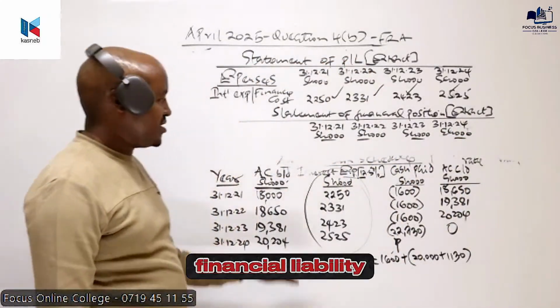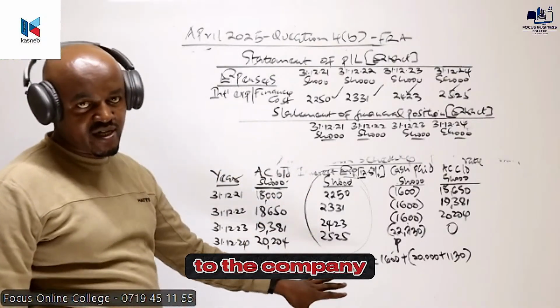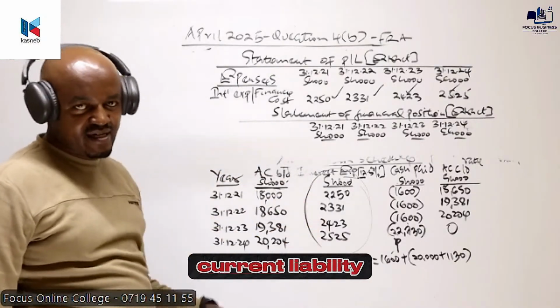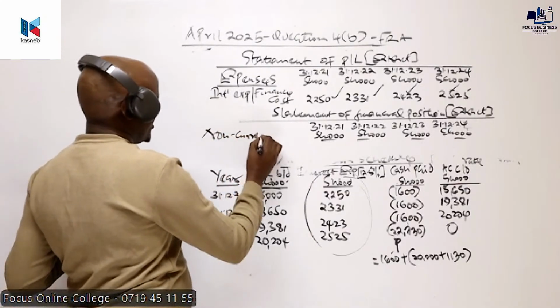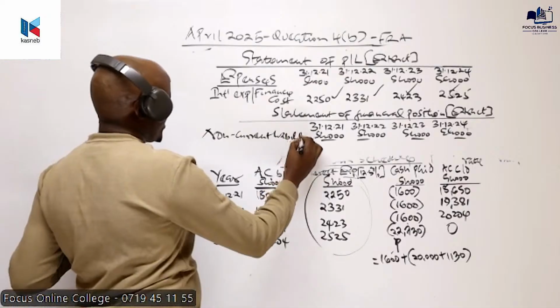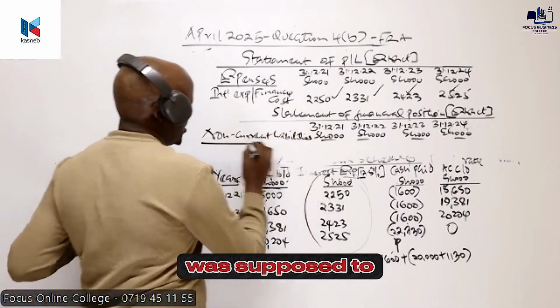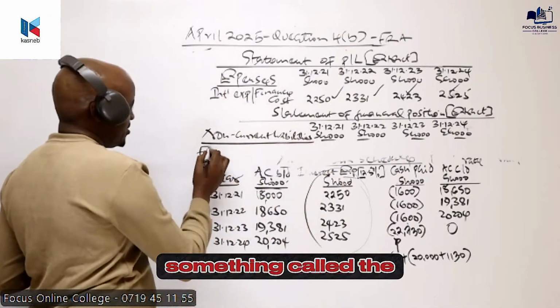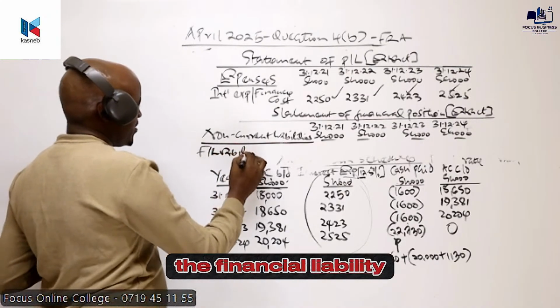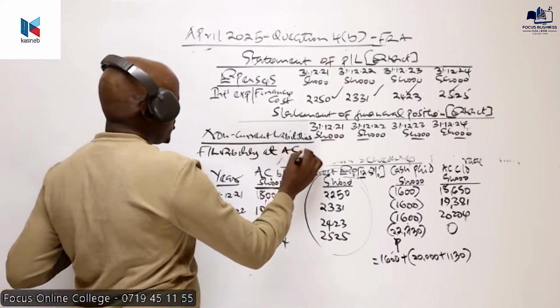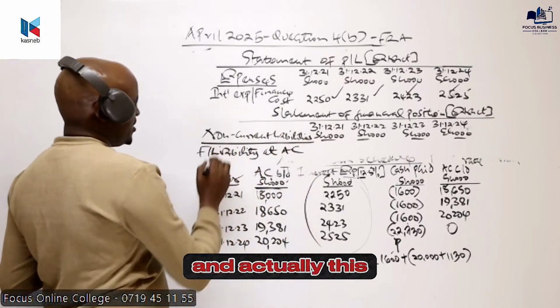Now, the financial liability at amortized cost to the company is a non-current liability. So under the non-current liabilities, our company here was supposed to recognize the financial liability at amortized cost.